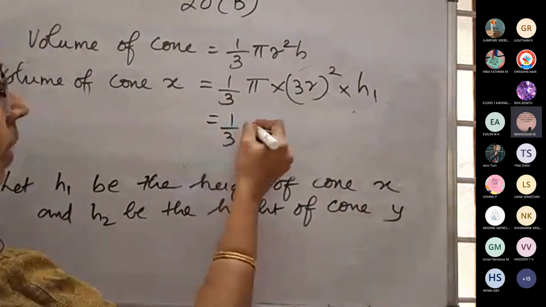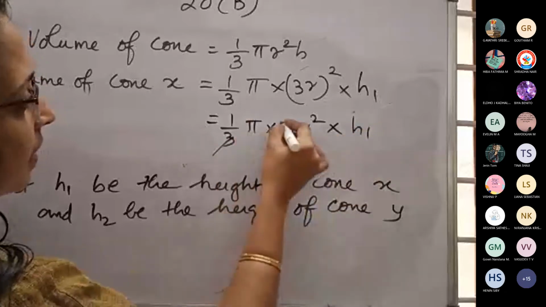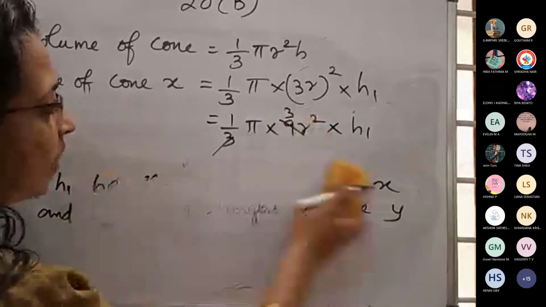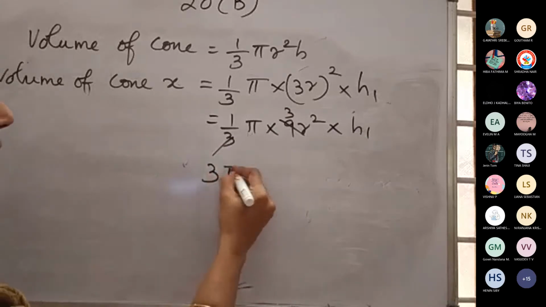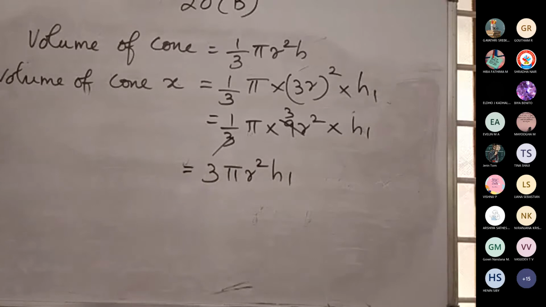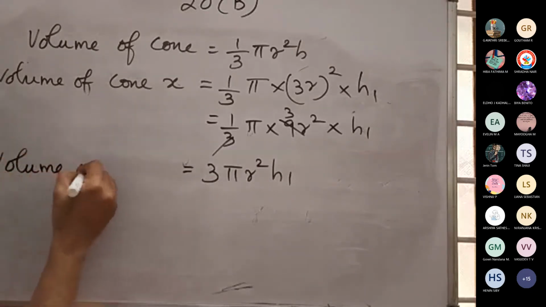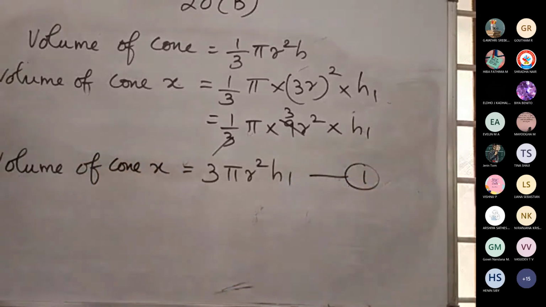So 1 by 3 pi into 9r square into h1. That is, 3 cancels, so we can write it as 3 pi r square h1, the volume of cone X. Let it be equation number 1.